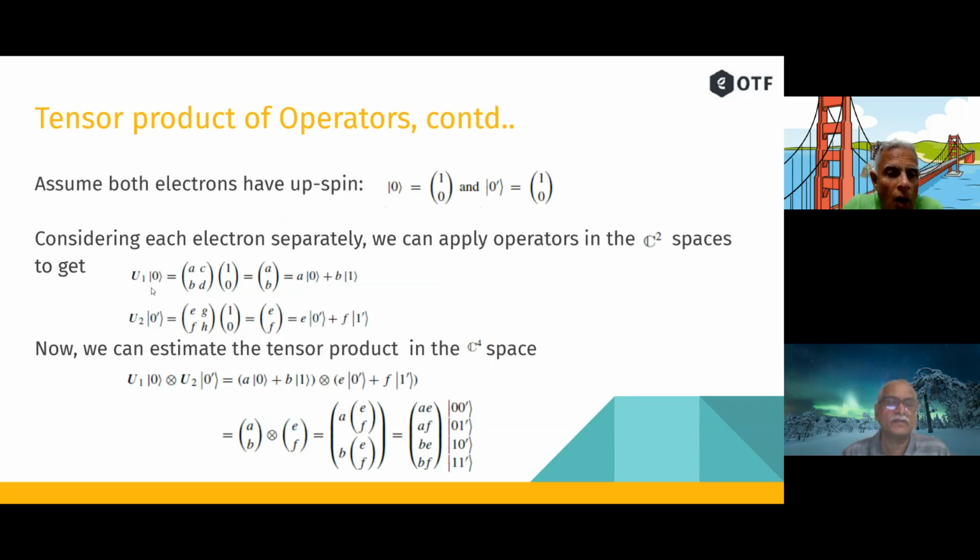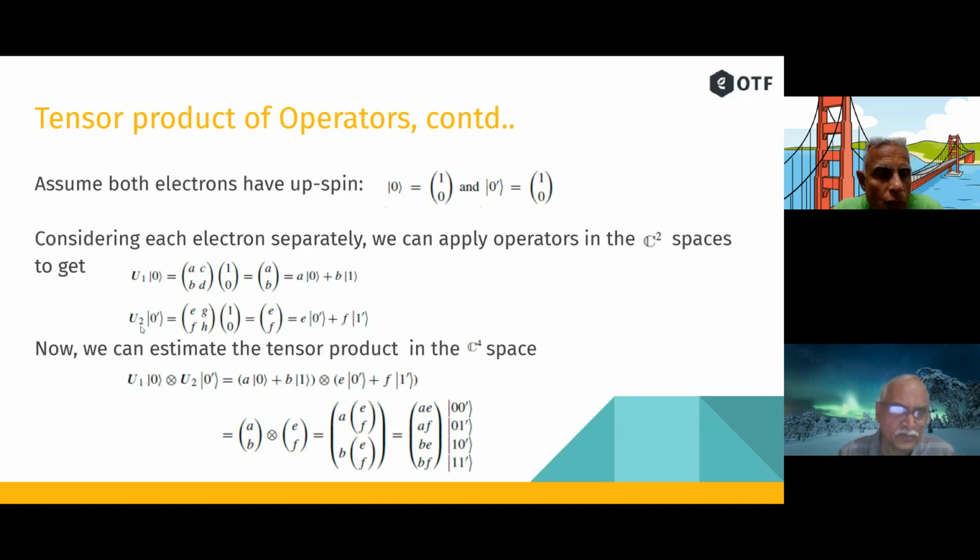And if I typically do that, I can now talk about applying U1, that is the first operator, working on ket 0 will give me ABCD. That is my operator, and it is working on 1 0, which is ket 0, and that is just a b. In the ket notation, it is called a ket 0 plus b ket 1.